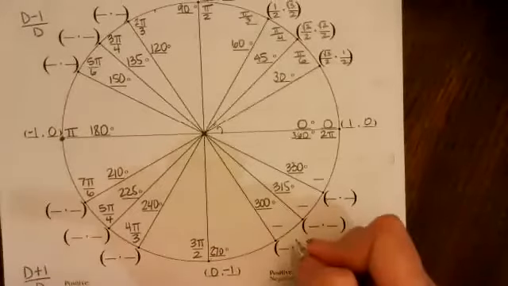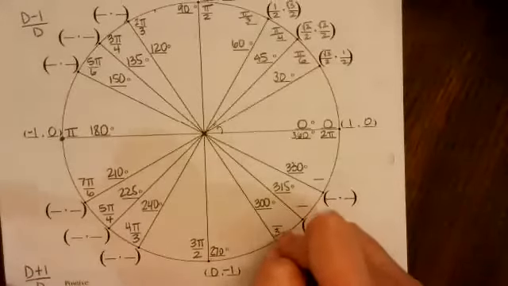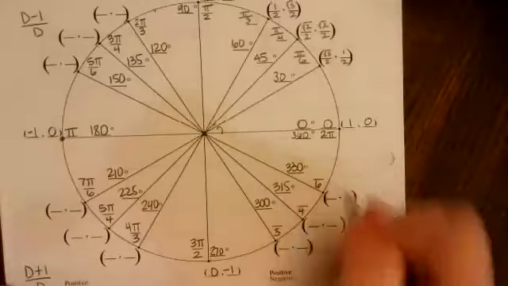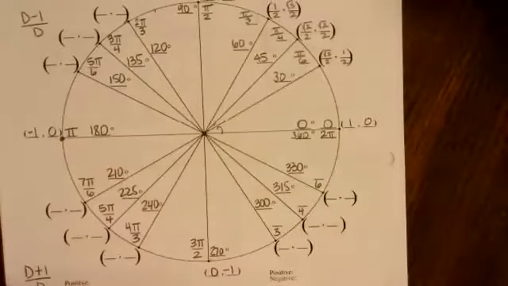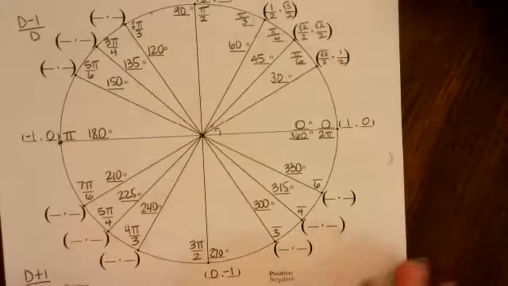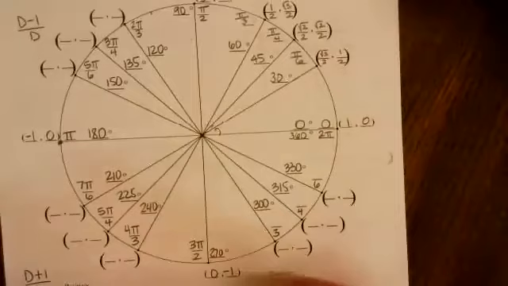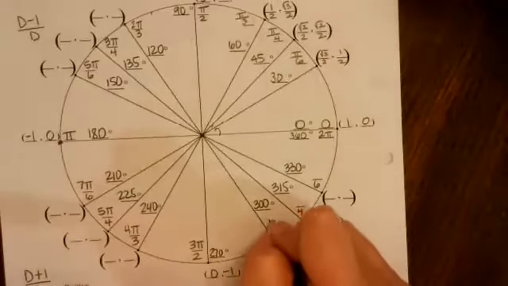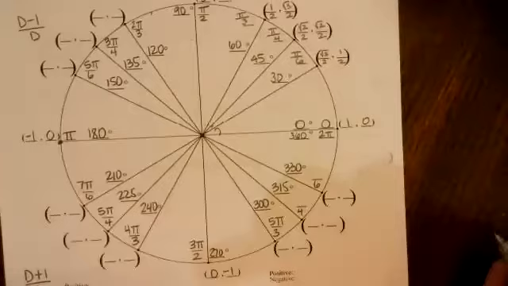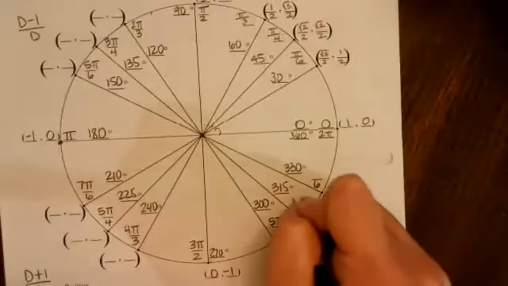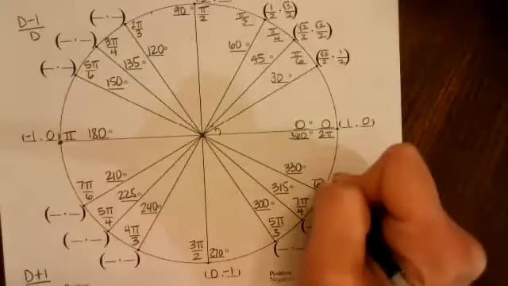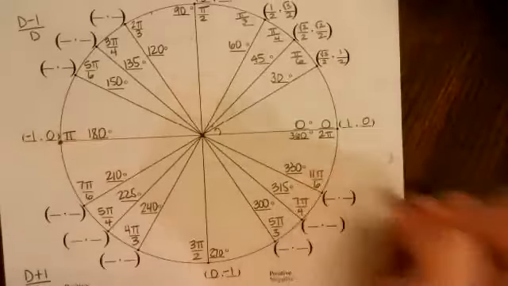All right, on our last quadrant, again, we're going to have the same denominators. So that's going to be 3, 4, and 6. This is the hardest one to see because you've already added all of these and now you're adding more. So this is going to be 5 pi over 3, 7 pi over 4, and 11 pi over 6.